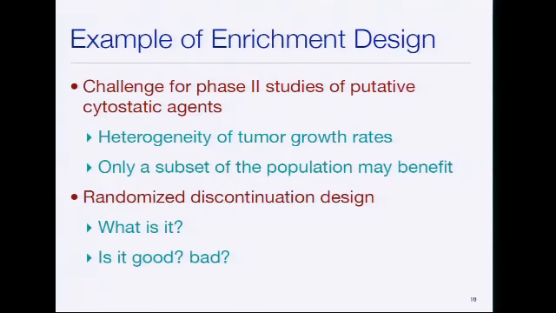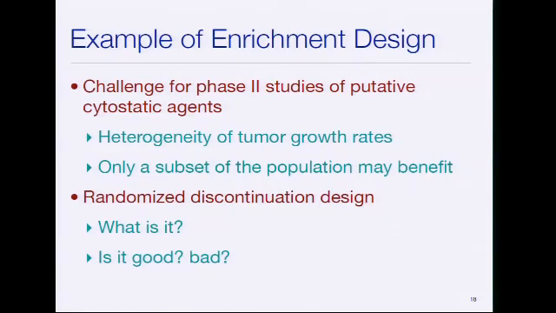As I mentioned, the challenges for phase 2 studies of these newer agents are the heterogeneity in tumor growth rates, and that perhaps only a subset of the population may benefit. Might be patients who have a particular mutation in their tumors, and so they respond more to the particular drug than patients lacking that mutation.